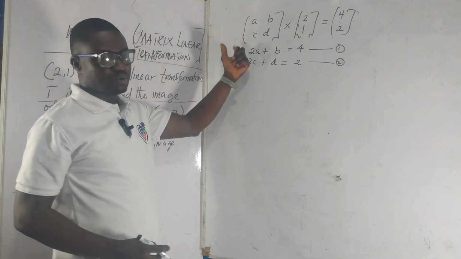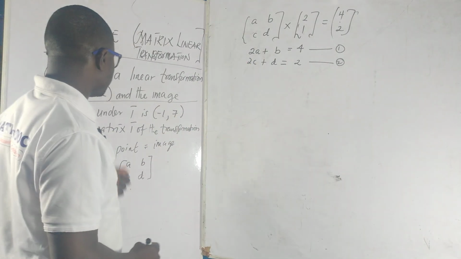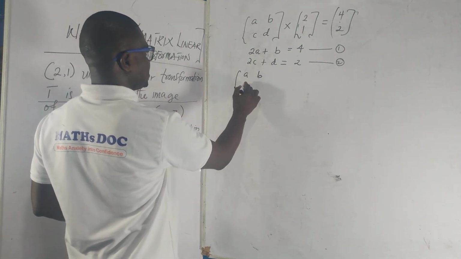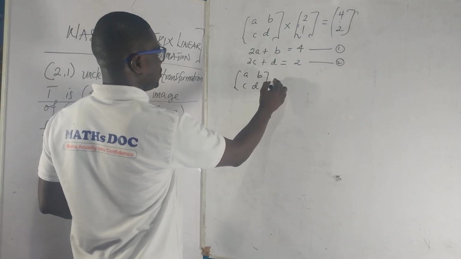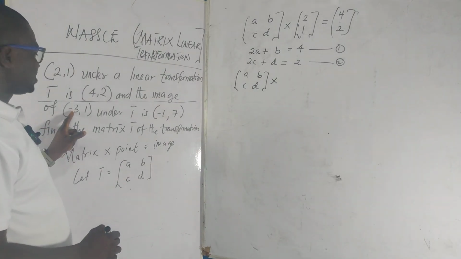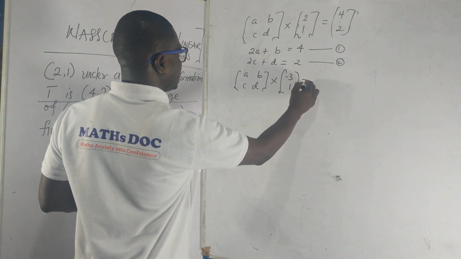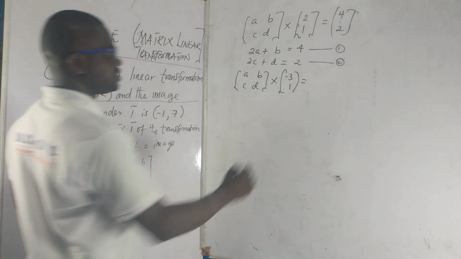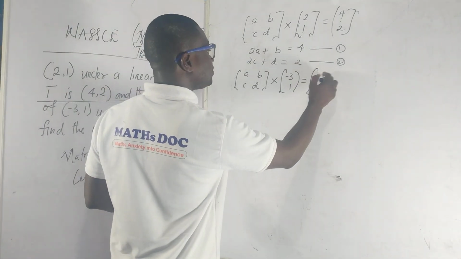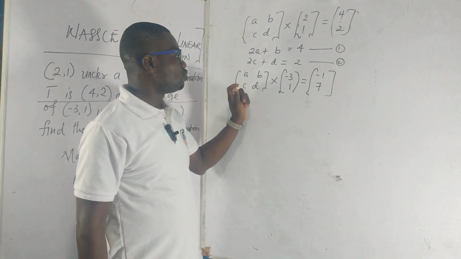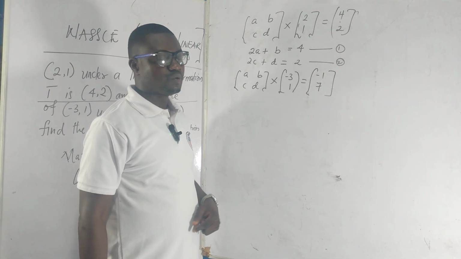I believe that after watching this, you can do the second part. Let's look at it. We have [A, B; C, D] times (-3, 1) gives you (-1, 7). You can pause the video and try your hands at multiplying a 2 by 2 matrix by the point.